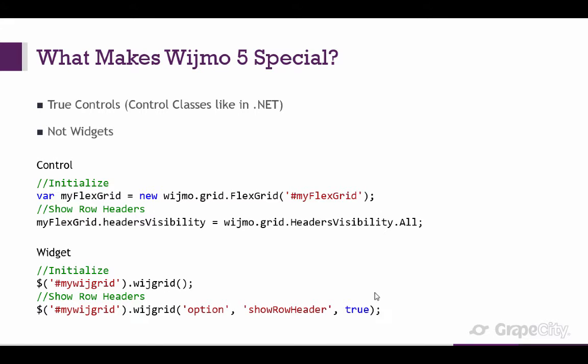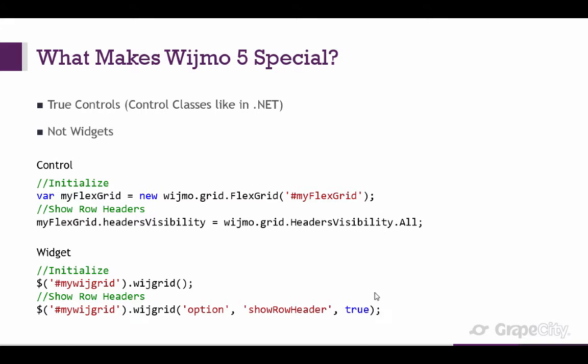So previously we had extended jQuery UI, and we followed the jQuery pattern in the widget factory, and it was a great library for us to build upon when we first created Wijmo, but we know there's a better way, and that's just from our experience in really powerful frameworks like .NET, and we wanted to build similar controls, similar APIs in JavaScript, and we know that that's possible, so we set out to do that.